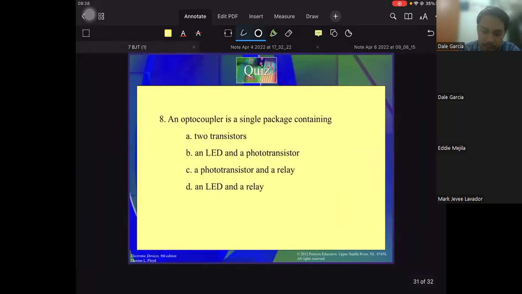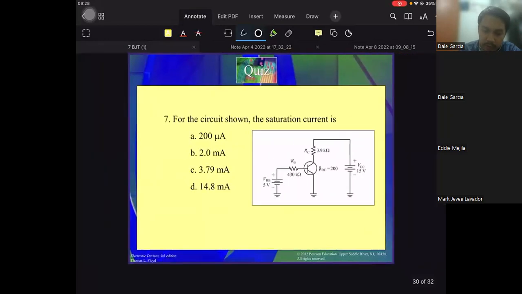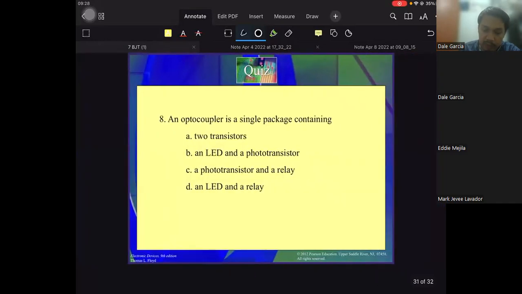Same with this one, saturation current. We haven't solved that yet. An optocoupler is a single package containing not 2 transistors, but an LED and a phototransistor. I think this is the answer. Phototransistor and relay, it's not a relay. An LED and a relay, of course not. So the answer is B.